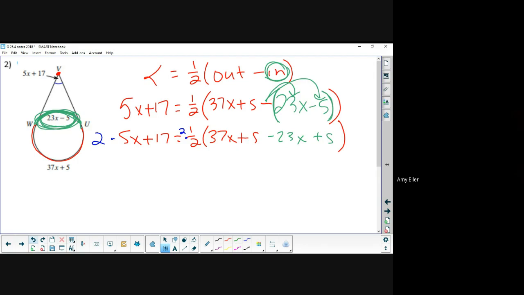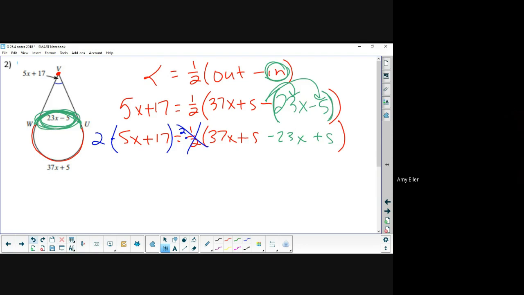I've purposely made another mistake. We've talked about this mistake before. What have I just done wrong? Good, I got 3 hands. 4. You have to put parentheses around 5x plus 17, so you're multiplying both of them. You got it. I multiplied this whole side by 2. Here I have to multiply this whole side by 2.